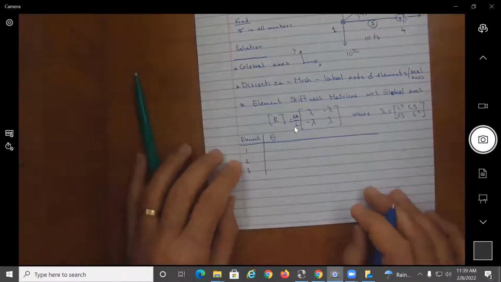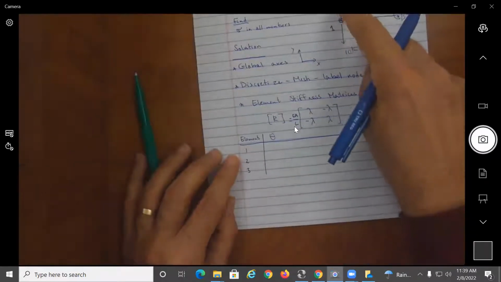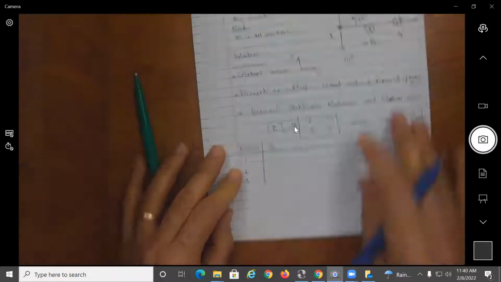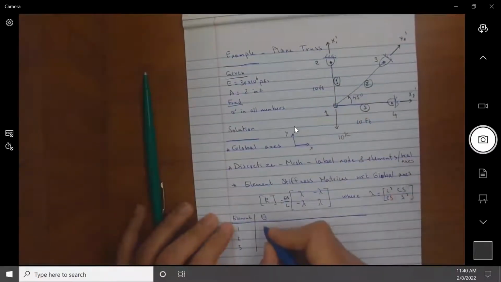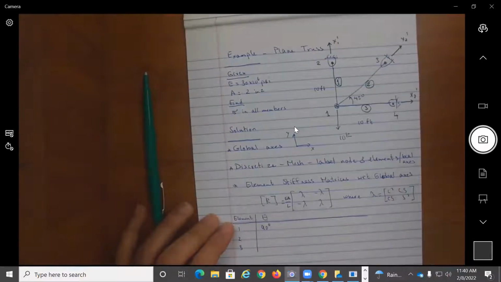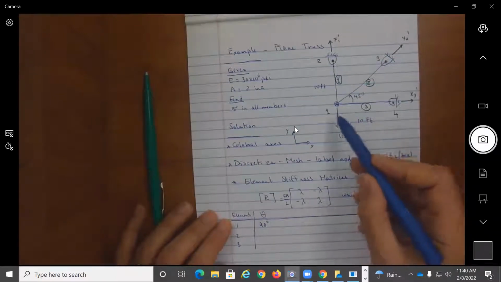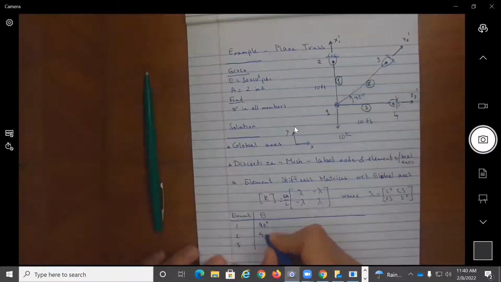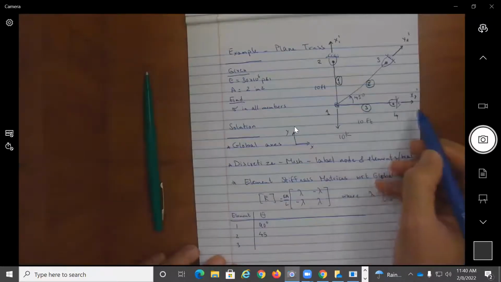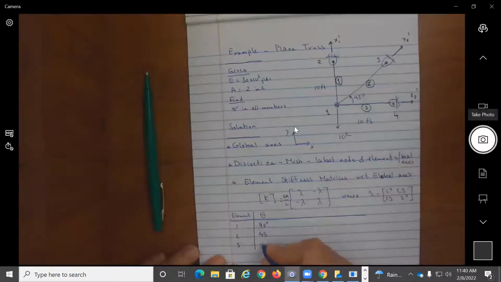So for element 1, this is x prime going up, so theta is a plus 90 degrees. For element 2, theta is 45 degrees. And for element 3, theta is 0 degrees.